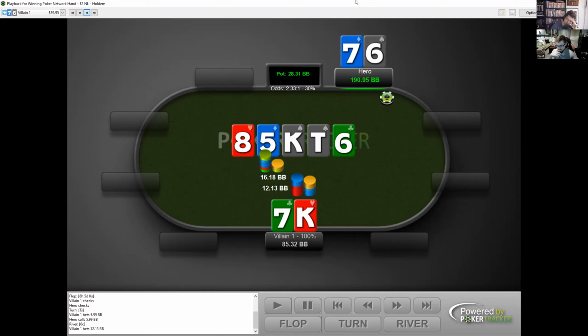It's tough to say, because I wouldn't be surprised if he showed up here with a flush draw, and obviously the Jack 9, Queen Jack type hands are going to be in there. So it's hard to say. He might be slightly over bluffing, but it's just guesswork.